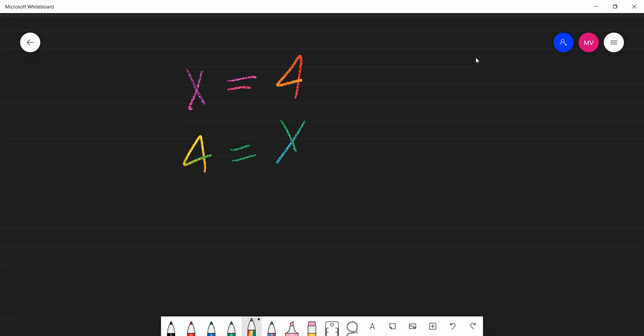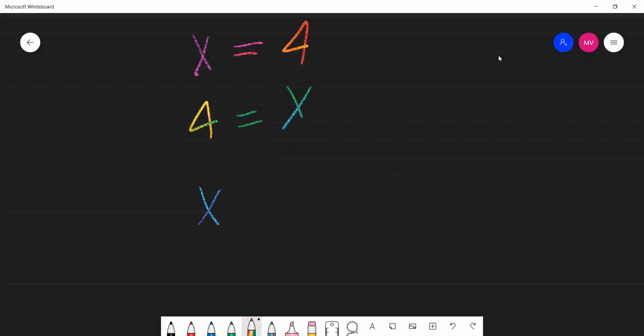Yes. This is the symmetric property of equality. Well, sort of. It's pretty much the commutative property. x equals 4 is the same thing as saying 4 equals x.